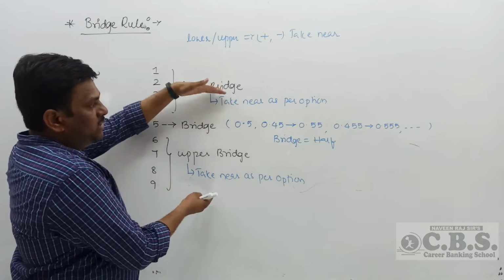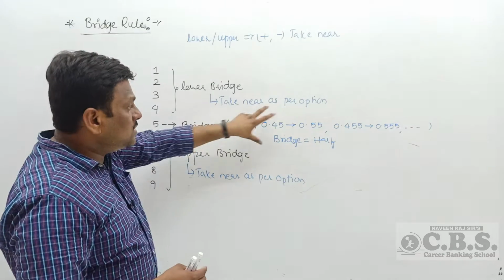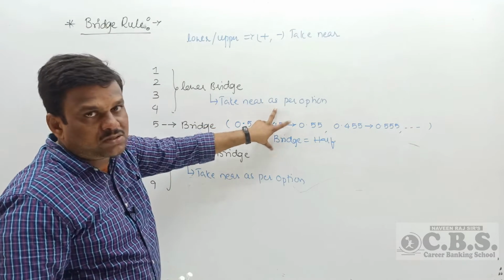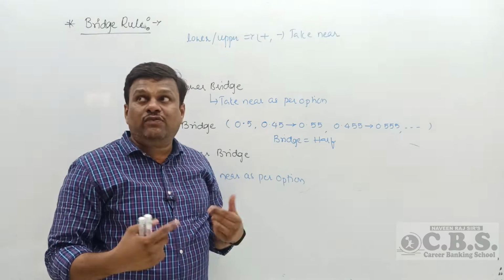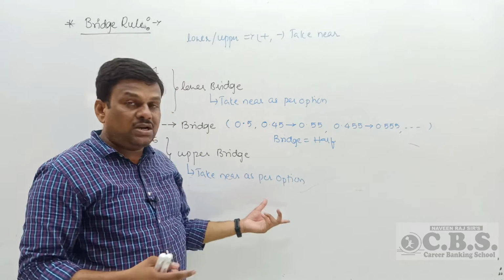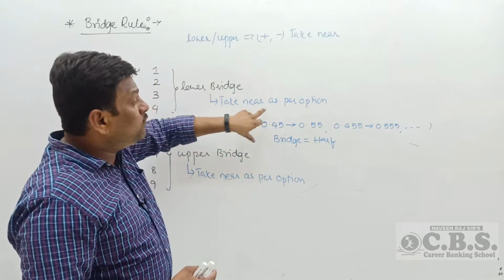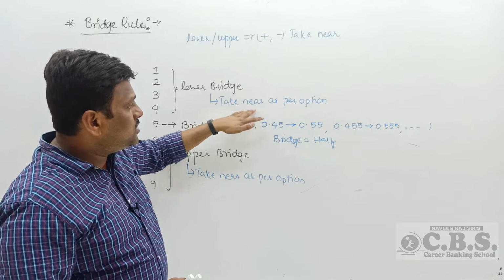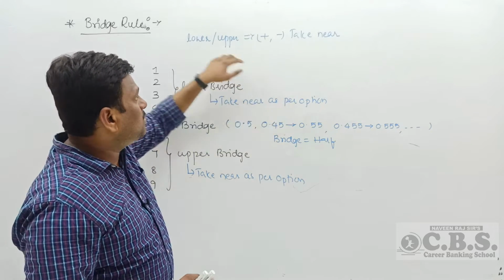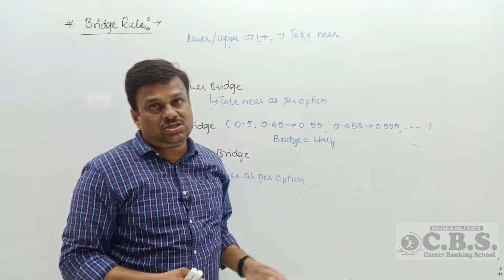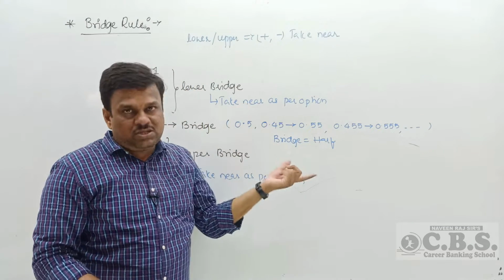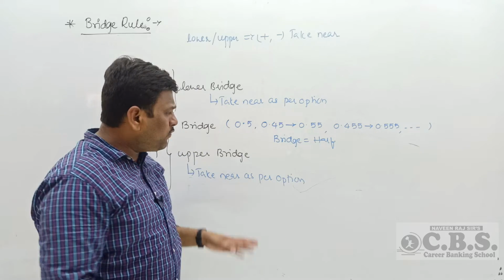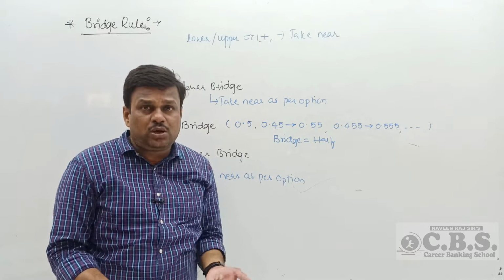But don't jump to such a conclusion, since this depends on the preceding and following value, multiplication and division. When doing addition and subtraction, if you see a lower bridge, take the lower value. When you see an upper bridge, take the next value.